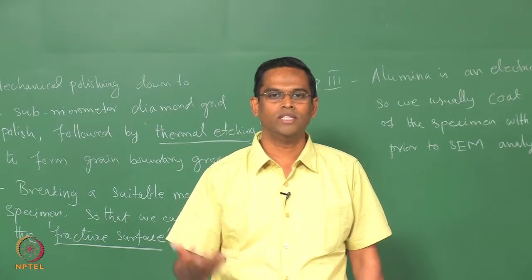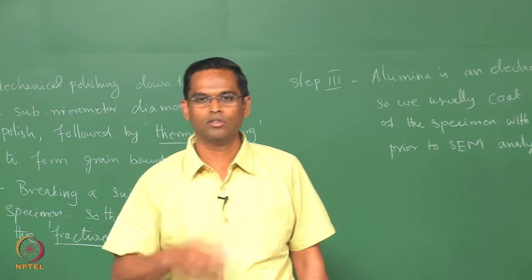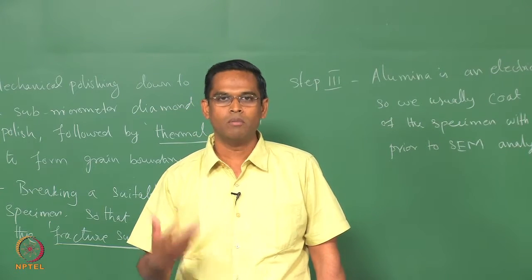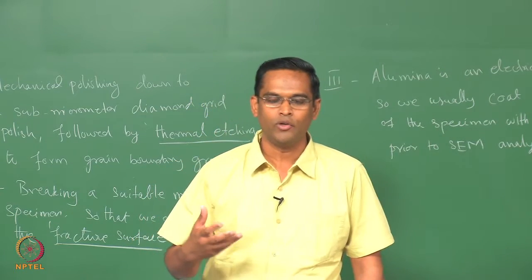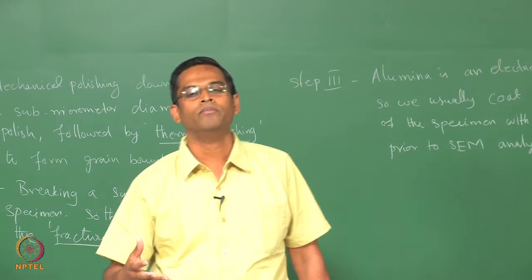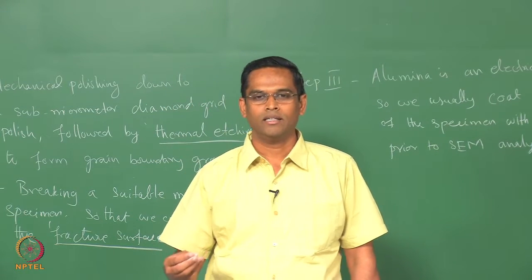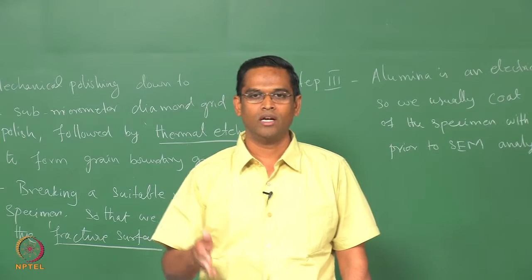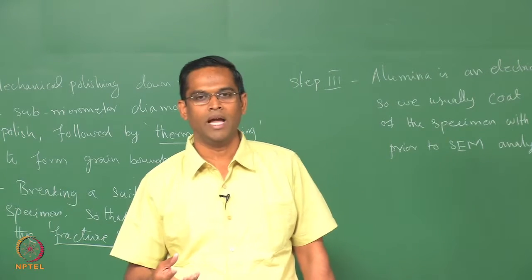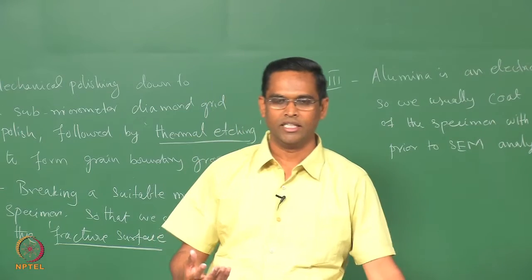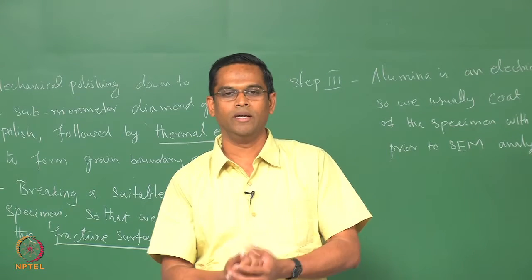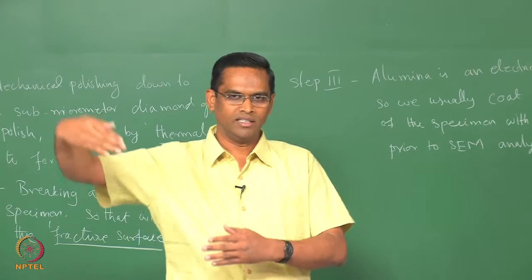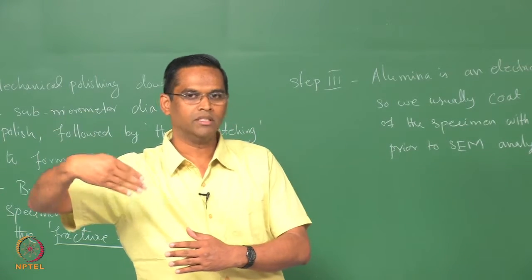So, the interaction of these SE electrons will also have a significant influence on the image quality. Remember, if you recall the instrumentation video, the secondary electron detector is kept on the side of the electron column. In fact, the backscattered detector is fitted on the pole piece just above the sample, but your secondary electron detector is always kept on this side.